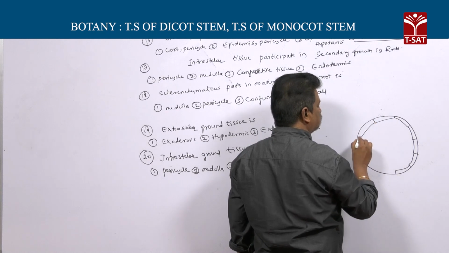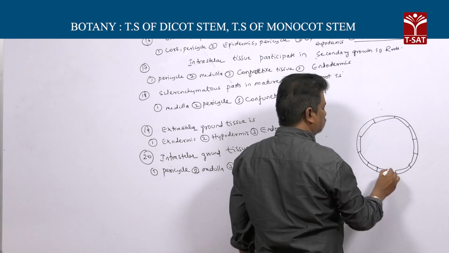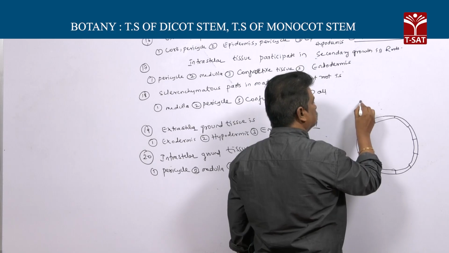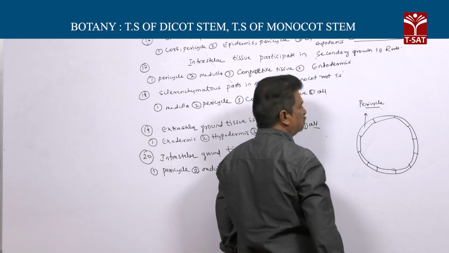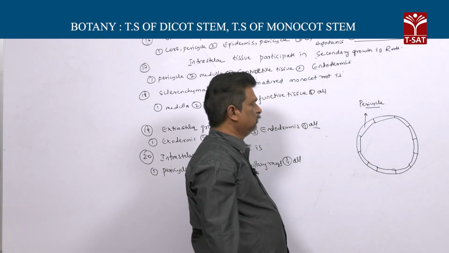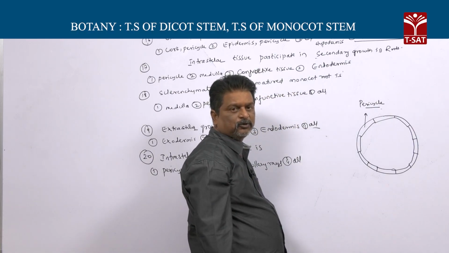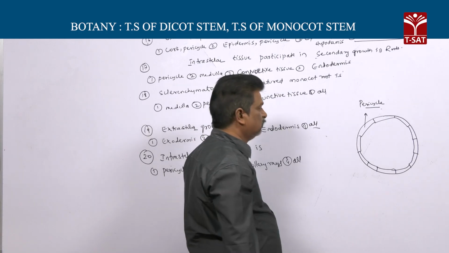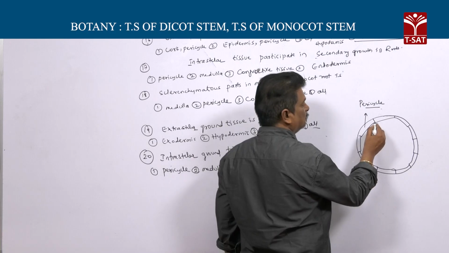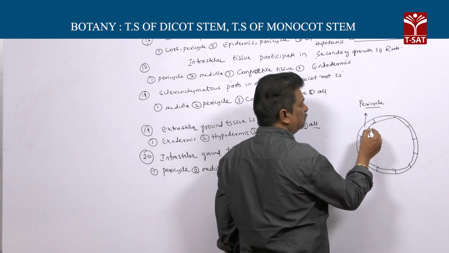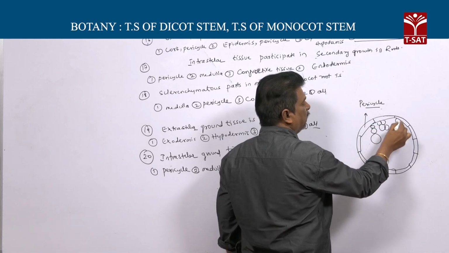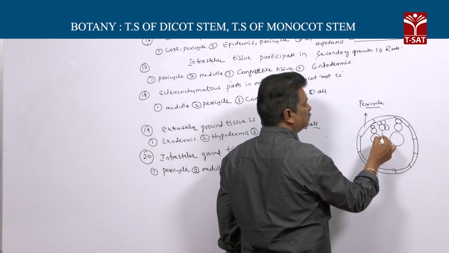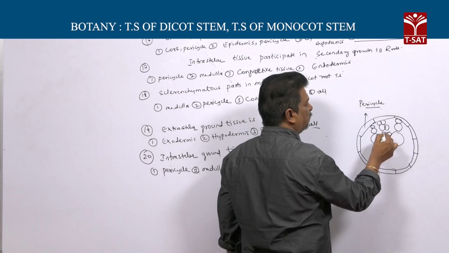Intrastelar tissue means within the stele. Within the stele there is pericycle. This pericycle, by dedifferentiation, produces cork cambium and also vascular cambium. In the same way, between xylem and phloem, the adjacent vascular bundles are connected by parenchyma.